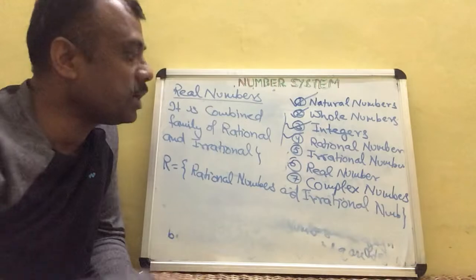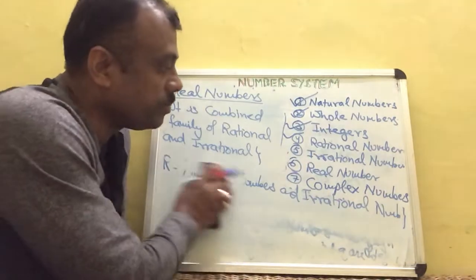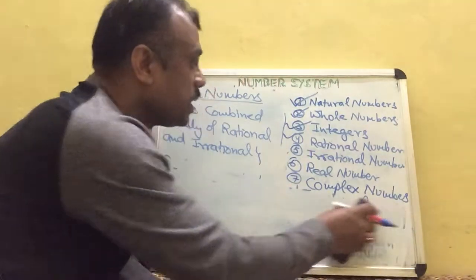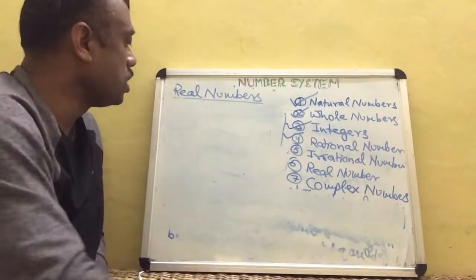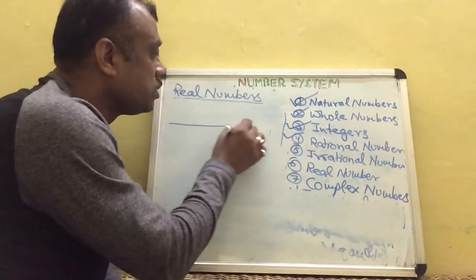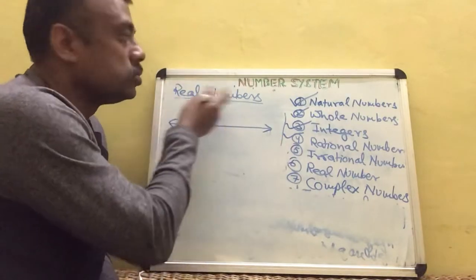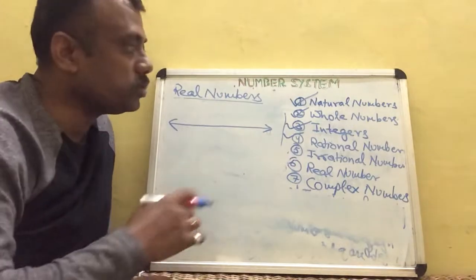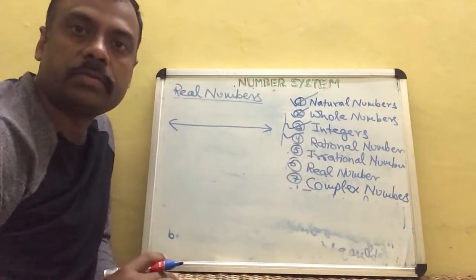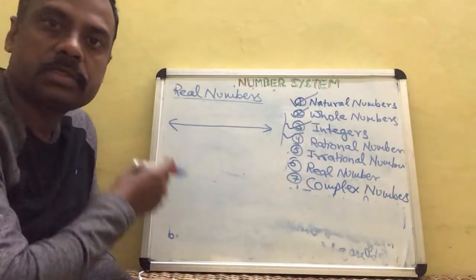What is the real number line, and why have we adopted it to show the real numbers? Because a line has no endpoints, so real numbers also have no endpoints from both sides. Infinite positive numbers, infinite negative numbers.